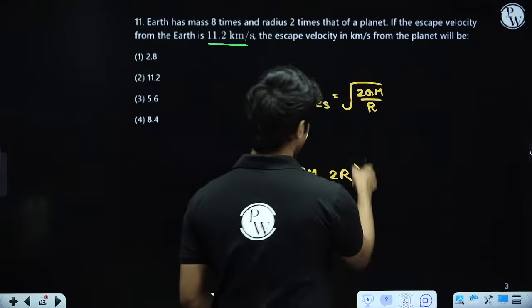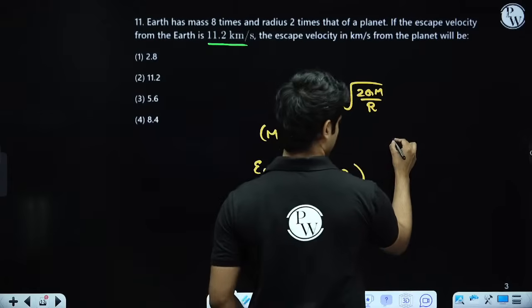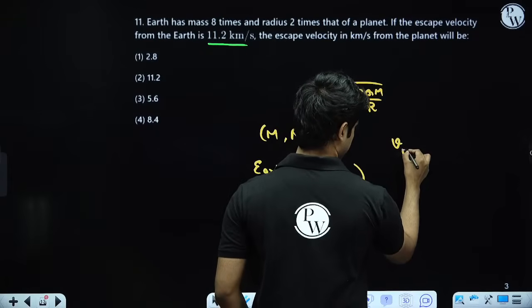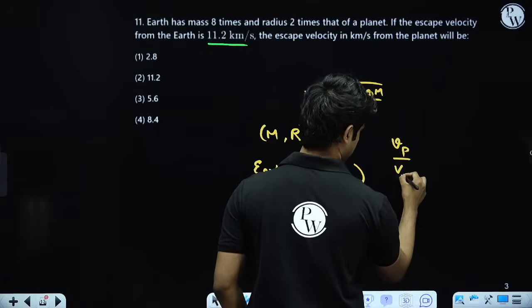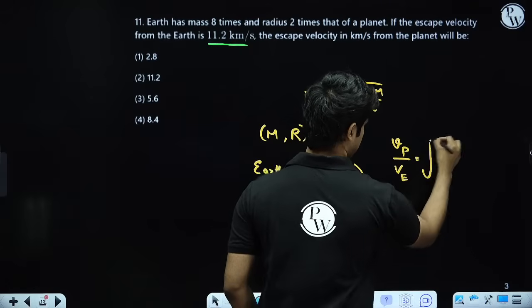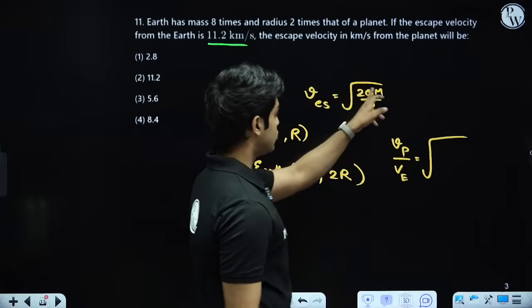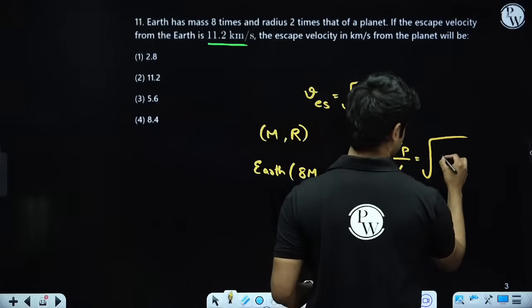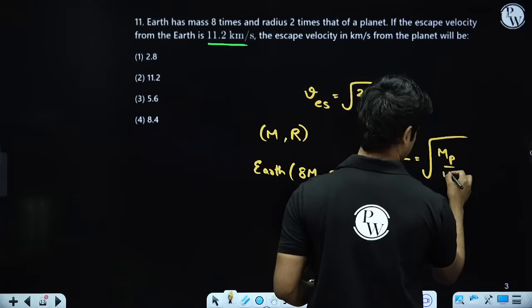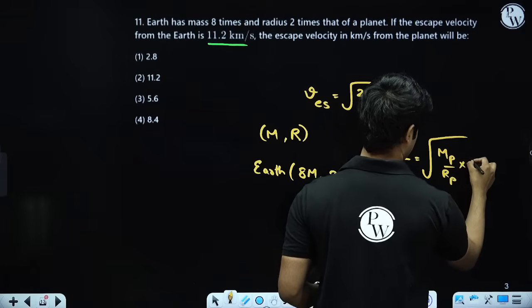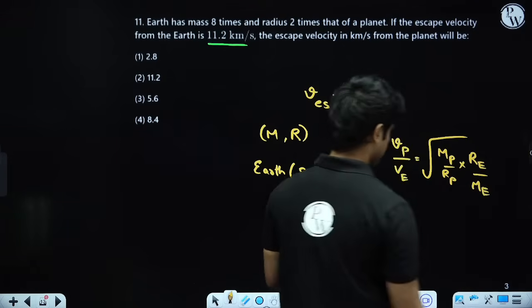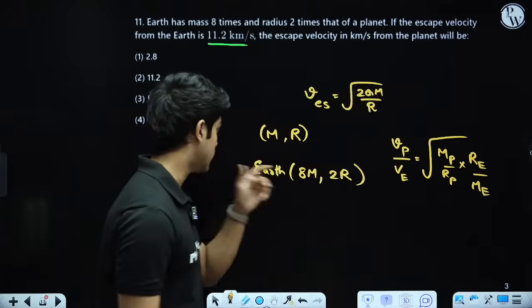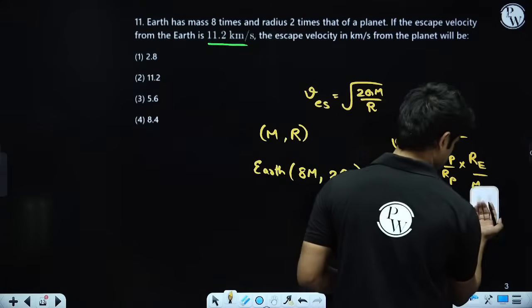Now for Earth we know the escape velocity. So escape velocity of the planet divided by escape velocity of Earth will be the square root of 2G, a constant, times mass of planet divided by radius of planet, times radius of Earth upon mass of Earth. Okay, so this will be it.